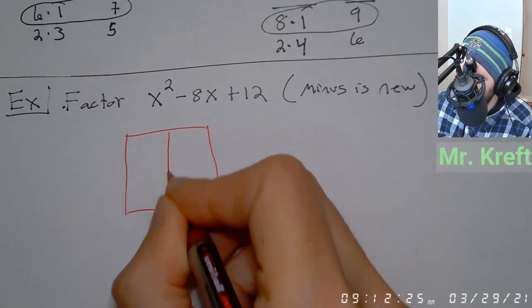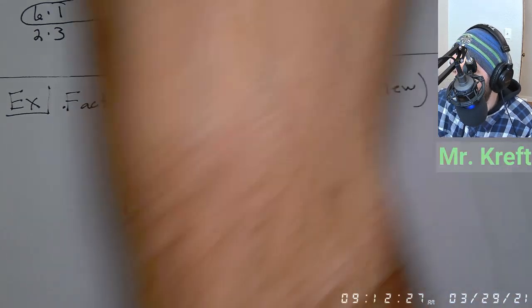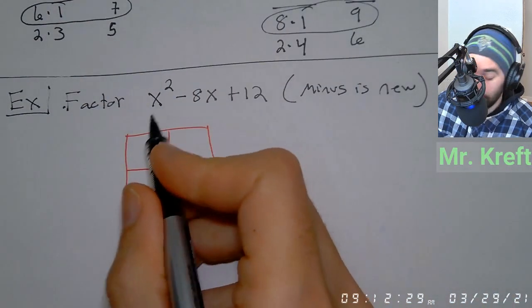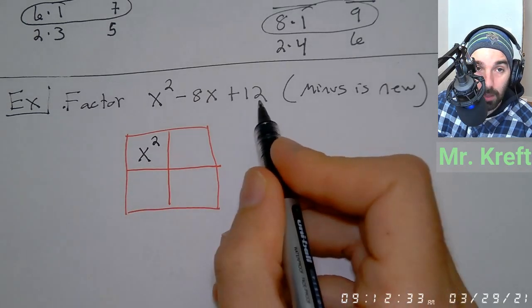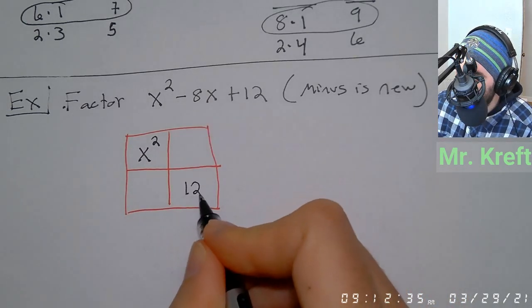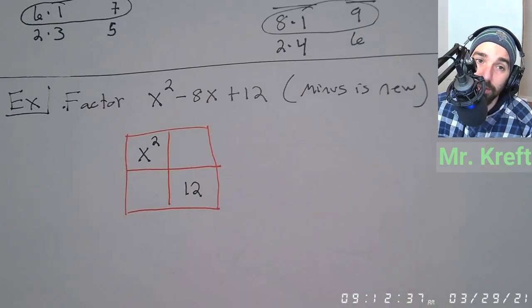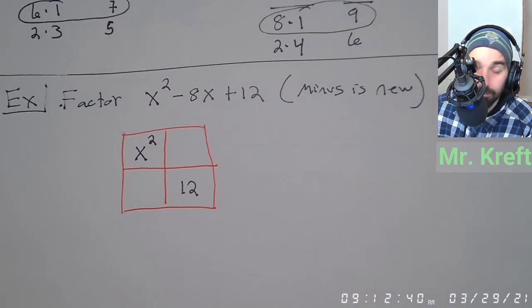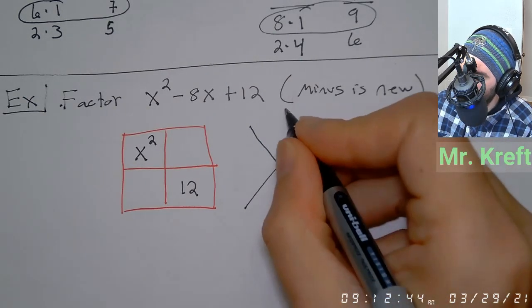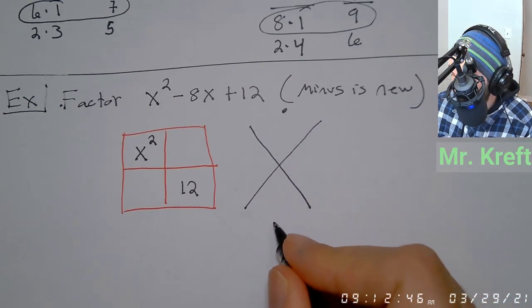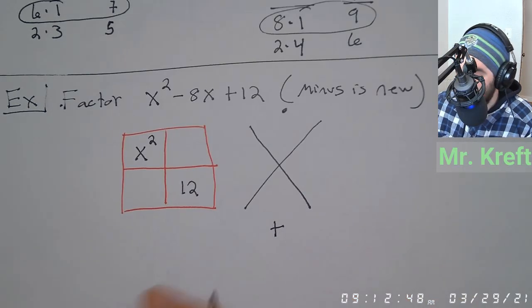So I'm going to have a 2x2 box. My first term is still going to go up here, and my constant term, or my last term, is still going to go down here. I'm still going to do the x with multiplication on top, addition on bottom.